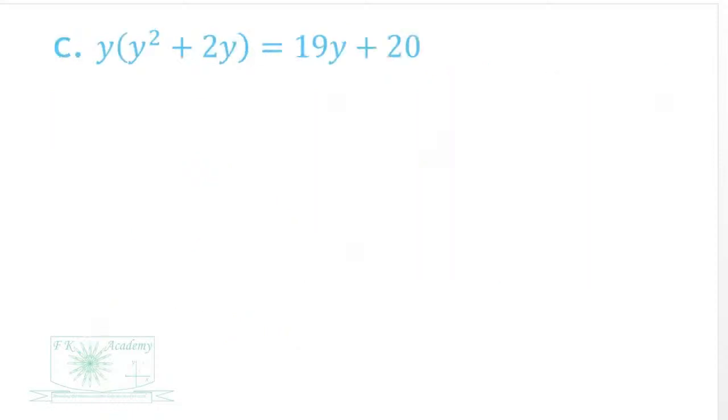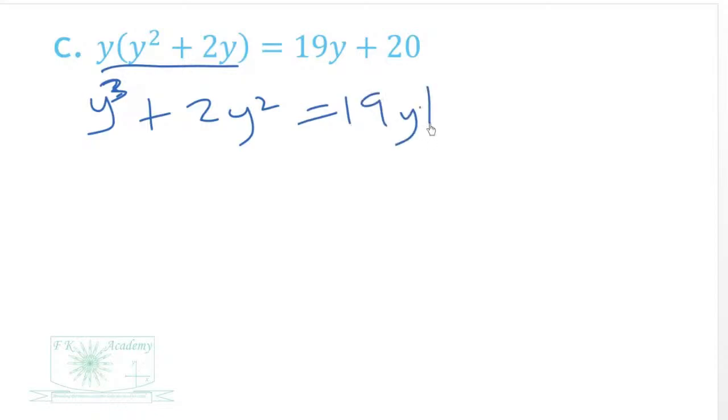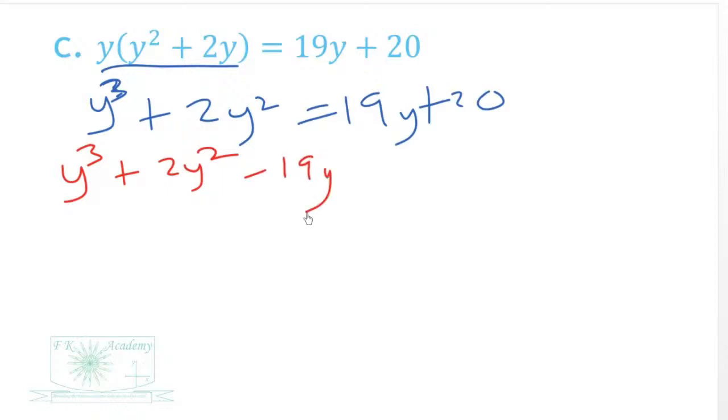We need to first of all expand this to get y cubed using the distributive property. We expand to get y cubed plus 2y squared, 19y plus 20. So after doing that, we can rewrite to obtain y cubed plus 2y squared minus 19y minus 20 is equal to 0.